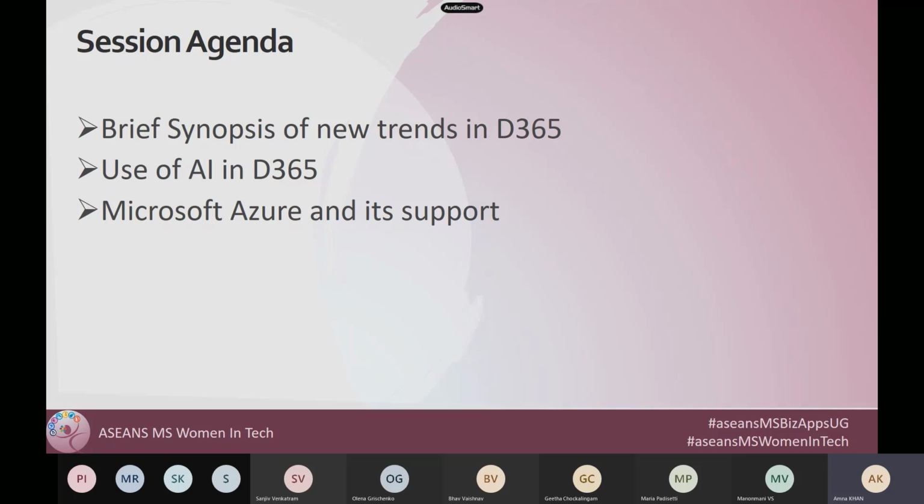Besides that, the AI itself has matured so much now and is continuously improving for better opportunities and better implementations for businesses. And we will look at how Microsoft Azure is intervening and related, like the services it provides in the form of software as a service, platform as a service, and so on.